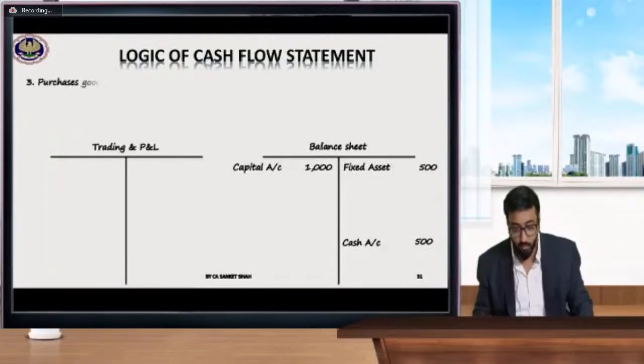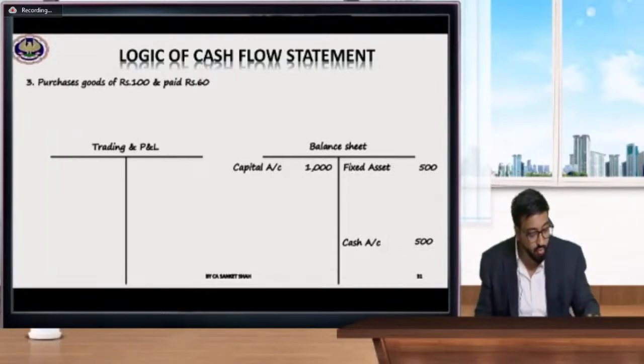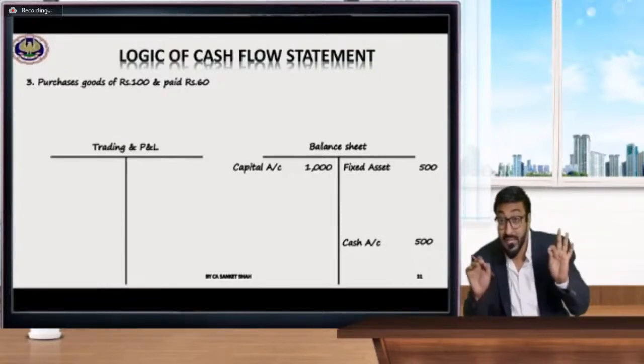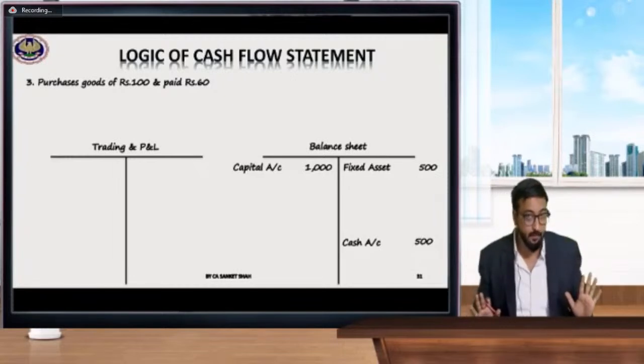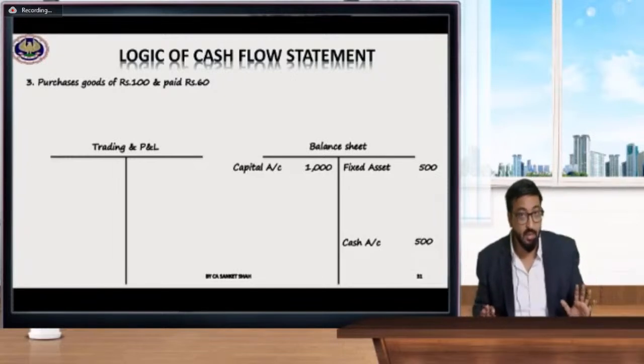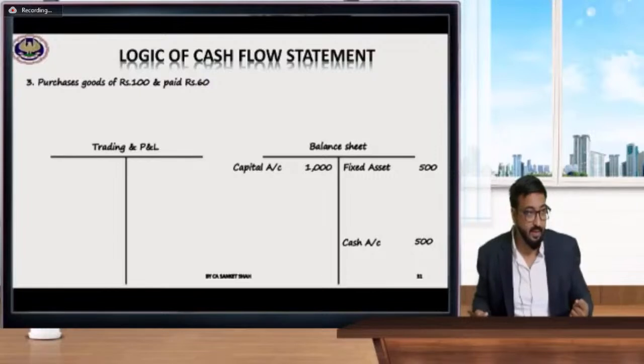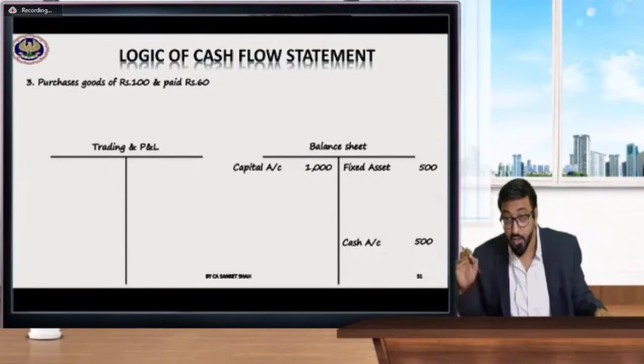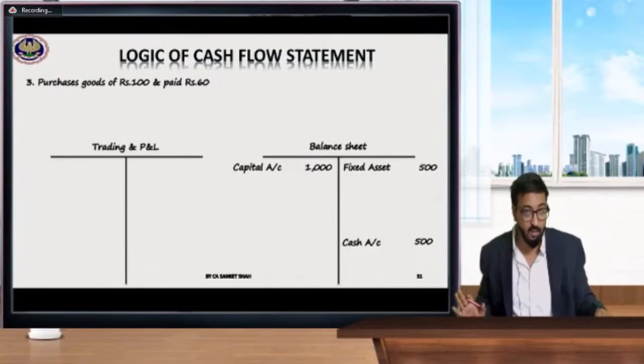Third entry for you. Purchase goods of rupees 100. Wait. Now see the accrual concept. Purchase goods of rupees 100, but you paid only 60. Pratham, please focus on this entry. Purchase goods rupees 100, but you paid rupees 60.